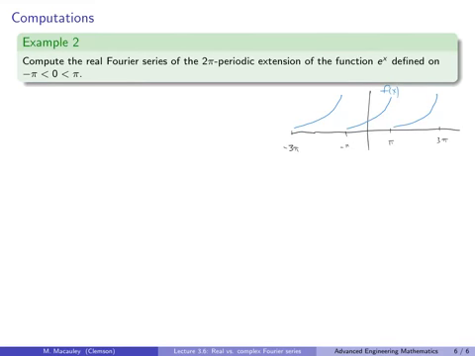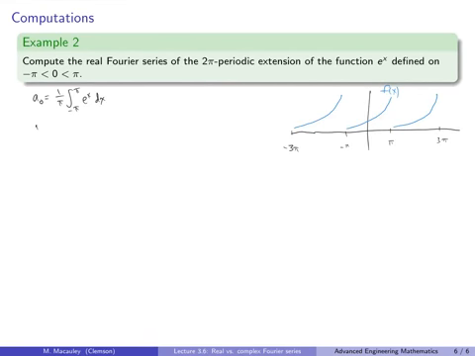Now, if we were to compute the real Fourier series of this, which is what we want, then a naught is going to be 1 over pi from negative pi to pi of e to the x dx.